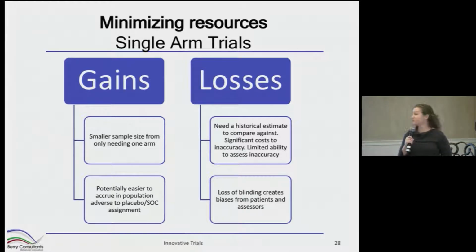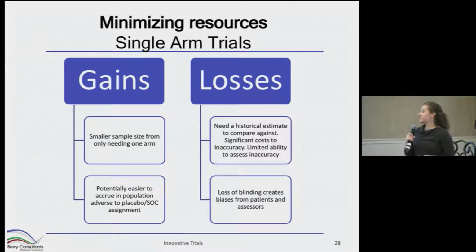So if patients are unwilling to be accrued to a trial where they know they have a chance of getting a placebo arm, and maybe they would prefer to enroll to a trial where they know they're going to get an experimental therapy, it may be hard to enroll to a randomized trial because patients just don't want to commit to that.